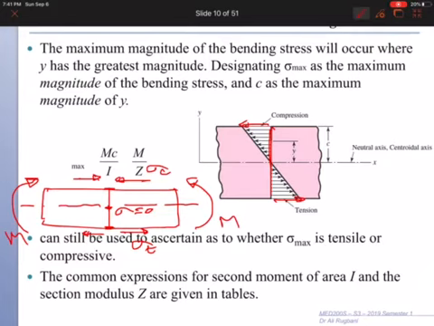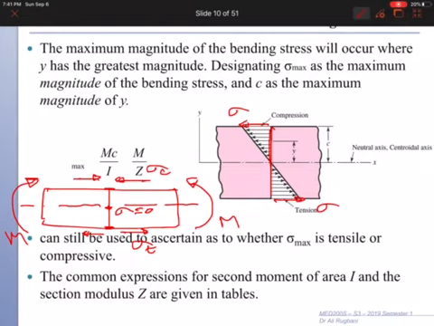So we always calculate stress on the upper surface or the bottom surface to get maximum sigma, because the purpose of calculating stresses is to find maximum stress in the machine element so that we can choose a material with a strength that is larger than this stress.